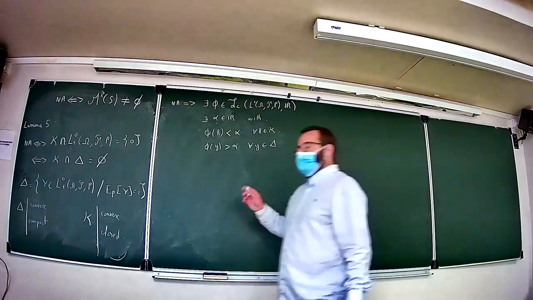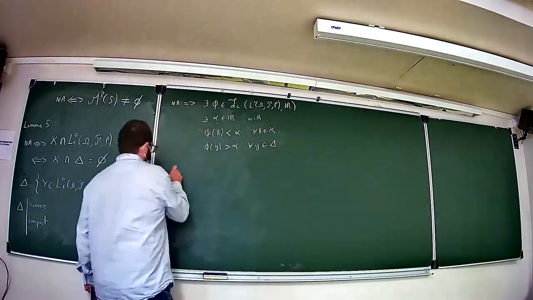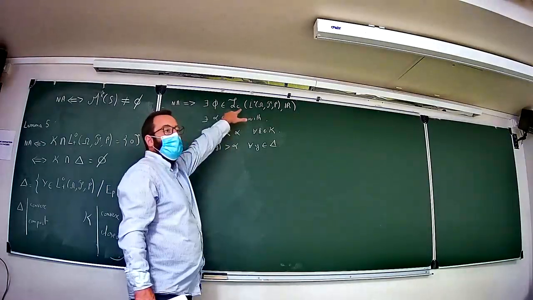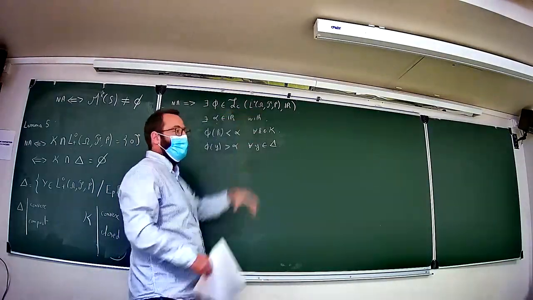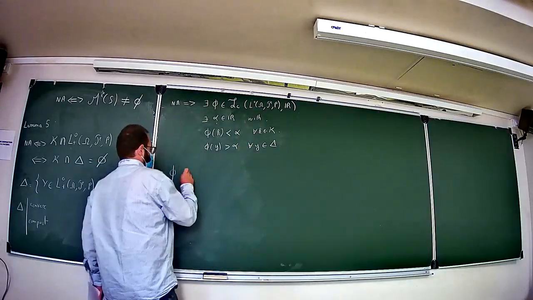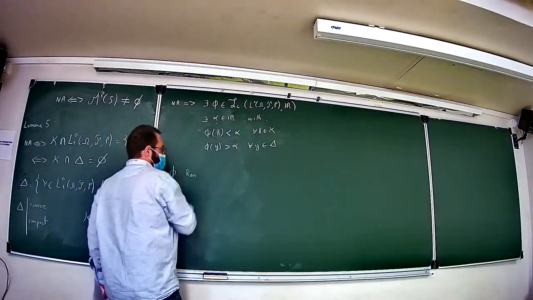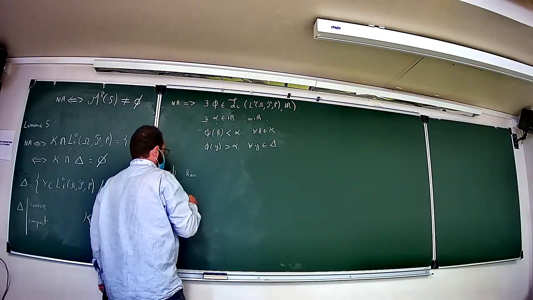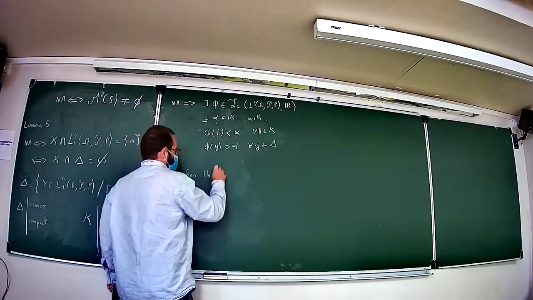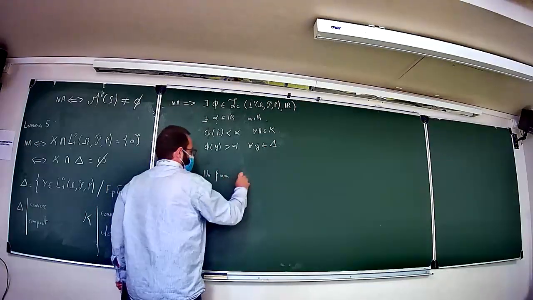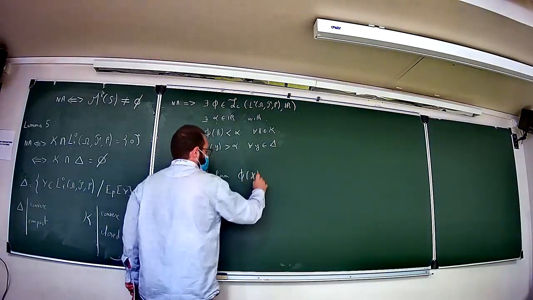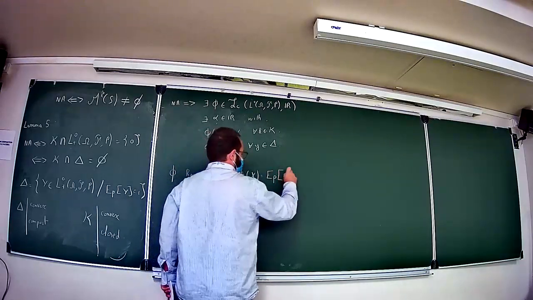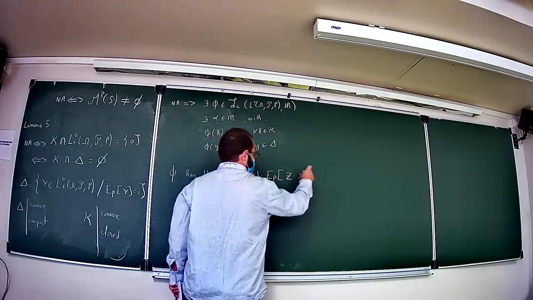But I have also said that a linear and continuous form in my framework may be written in a very particular form. Phi of x is equal to the expectation under P of Z x.